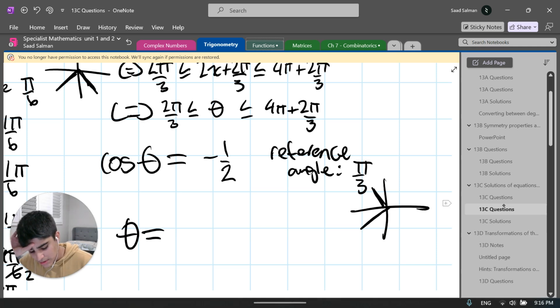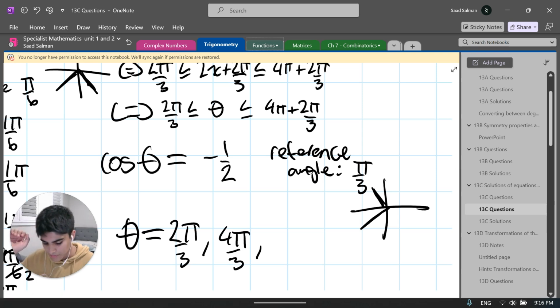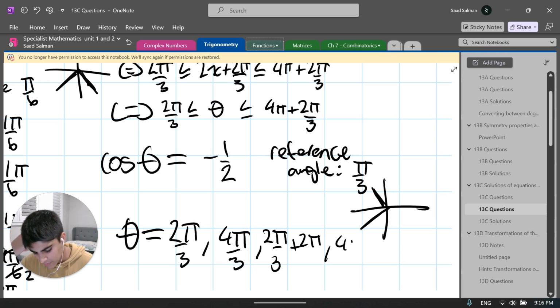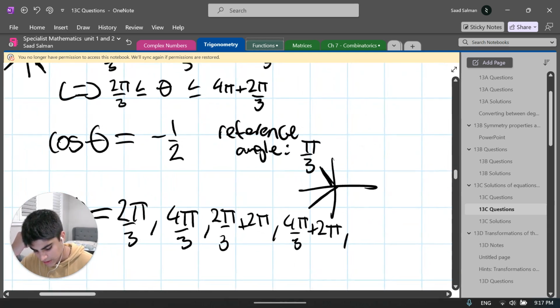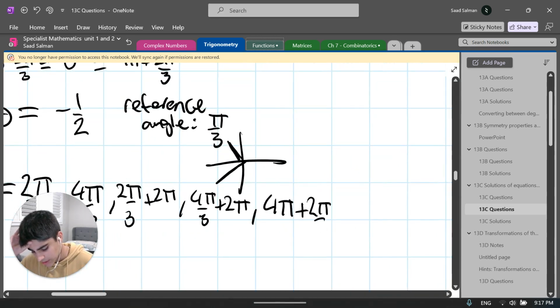Theta equals 2 pi on 3, 4 pi on 3, 2 pi on 3 plus 2 pi, 4 pi on 3 plus 2 pi, and 4 pi plus 2 pi on 3.